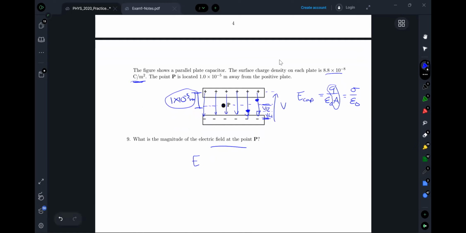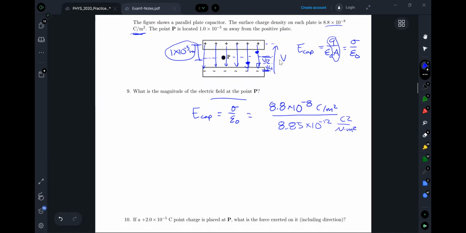So really all we need for this is that right there. And it's 8.8 times 10 to the negative 8 coulombs per square meter, divided by 8.85 times 10 to the negative 12 coulomb squared per Newton meter squared, if I remember right, for epsilon naught.